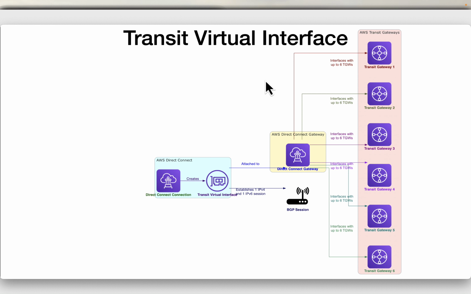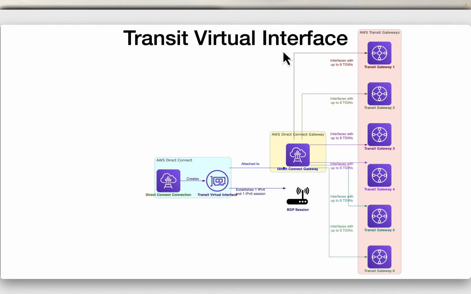And next is transit virtual interface. A transit virtual interface is a type of virtual interface you can create on any AWS Direct Connect connection. A transit virtual interface can only be attached to an AWS Direct Connect gateway, so it's only for the Direct Connect gateway object.